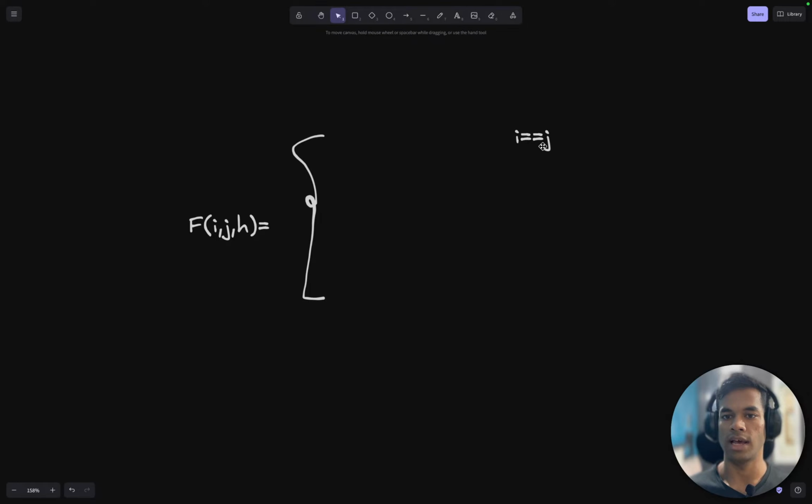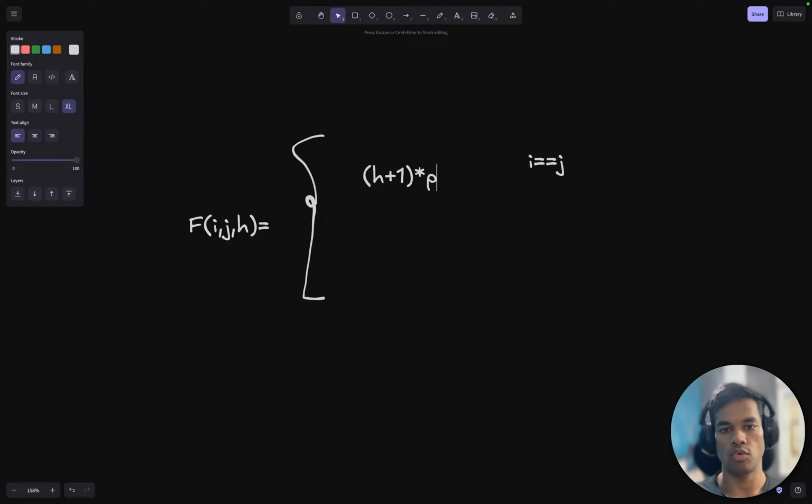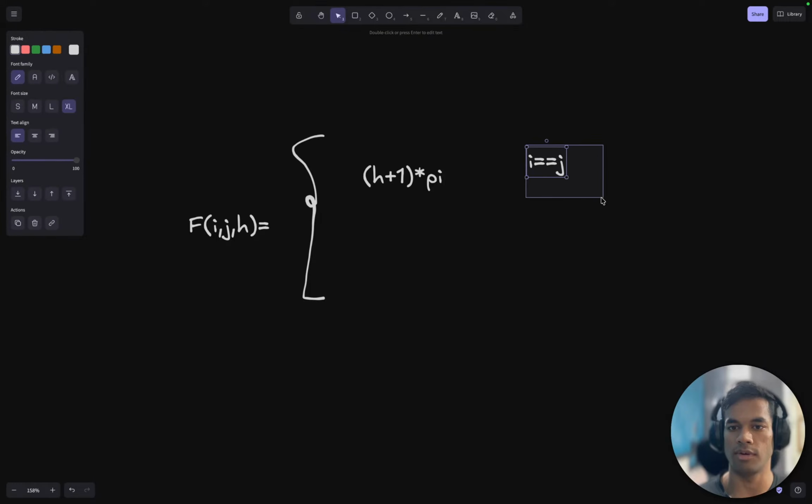That is, we only have a single node in our subtree. When that is the case, we return the expected value for this singular node, which is (h plus 1) times pi, because that is the only node that we have in our tree.